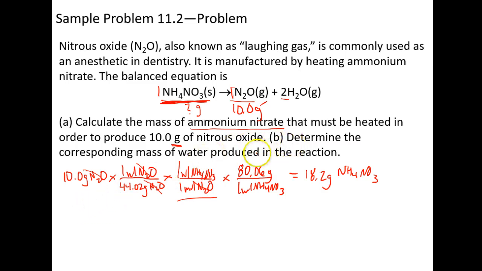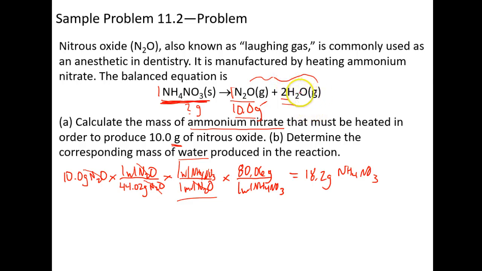The next one is now determine the corresponding mass of water. So if I form 10 grams of nitrous oxide, how many grams of water am I going to produce? Now, you can actually cheat, because there is a theorem that we learned which says however many grams you start on this side of the equation, you form the exact same amount of grams on the other side of the equation.